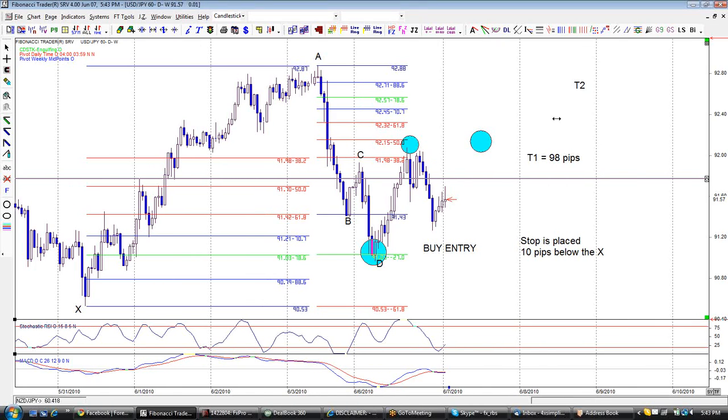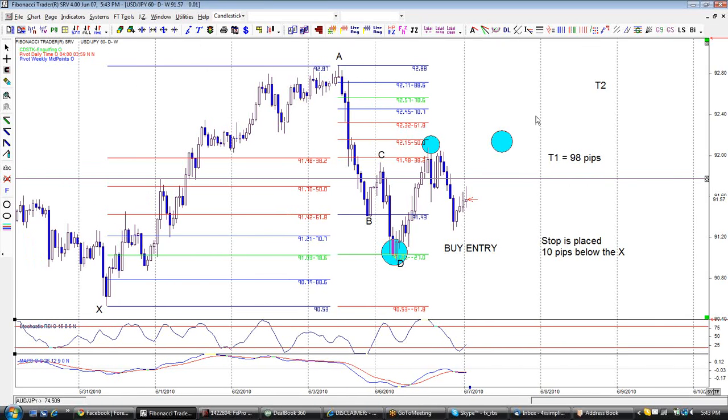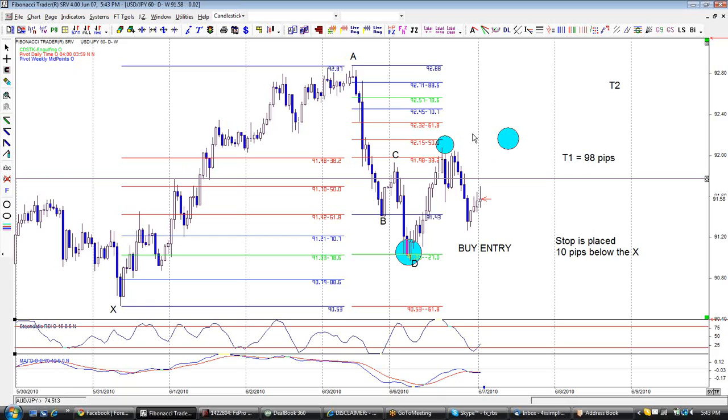Yes, lately markets have been very unpredictable, and what we can do to confirm the price pattern is sometimes use candlestick formations.